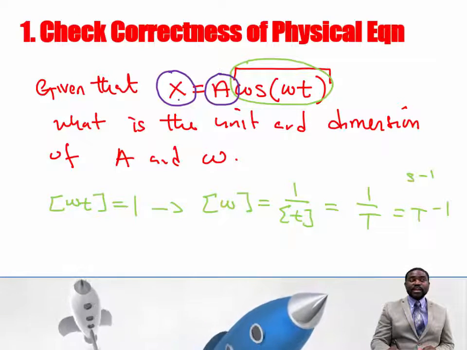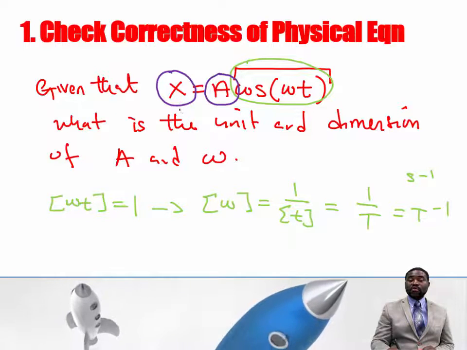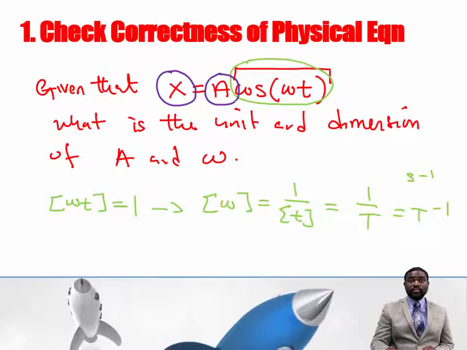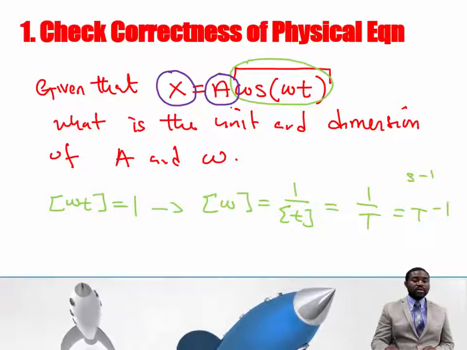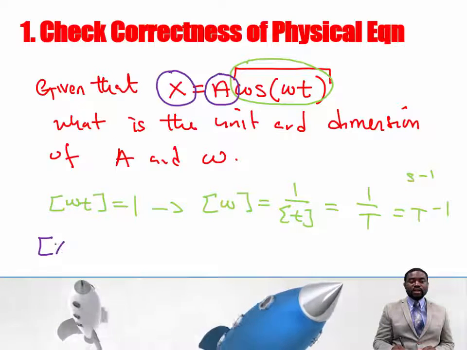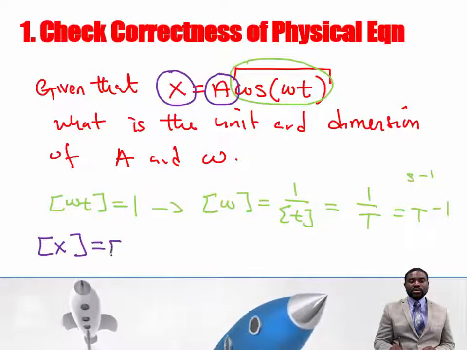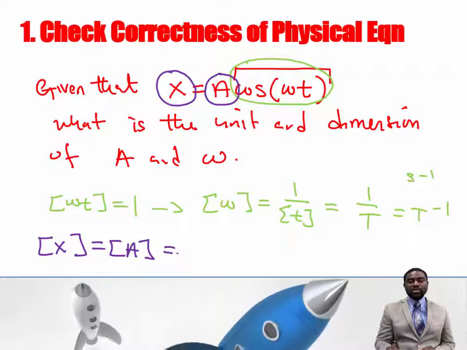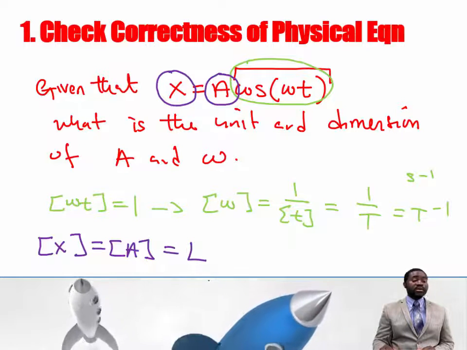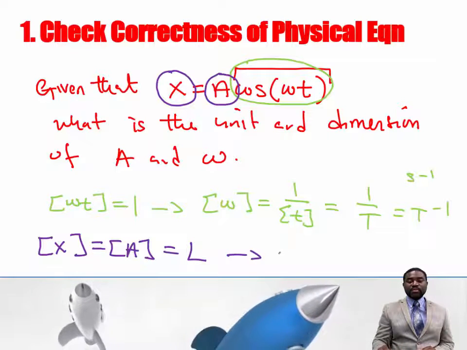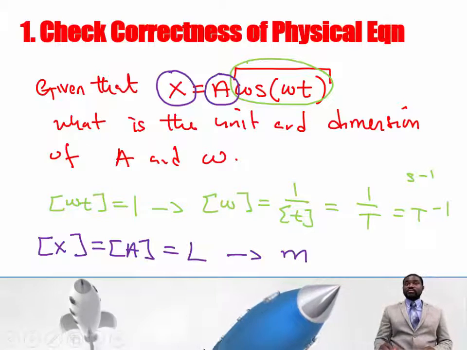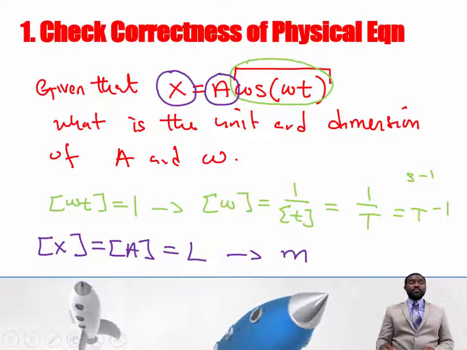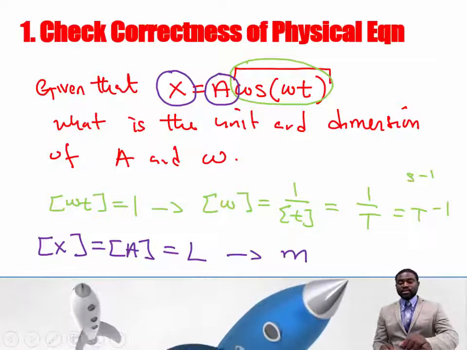This means that x dimensionally is equivalent to what? A. Do you get it? Therefore, the dimensions of x is equal to the dimensions of A, which is going to be equal to L. This means that A is measured in meters. This implies that A is measured in meters.